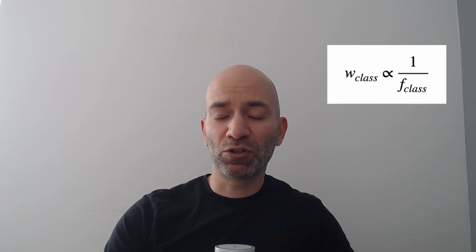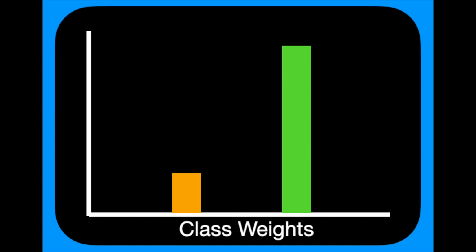So we're going to get a smaller class weight for the majority class, and a larger class weight for the minority class. So that's essentially how that's going to work. And this is an interesting approach because it doesn't involve modifying the training data in any way. So these are the four different approaches that we're going to explore here.